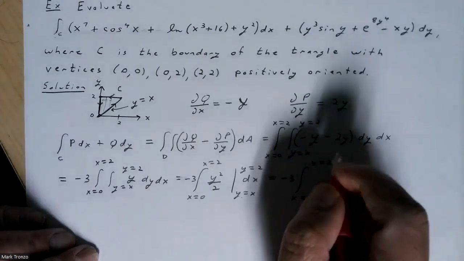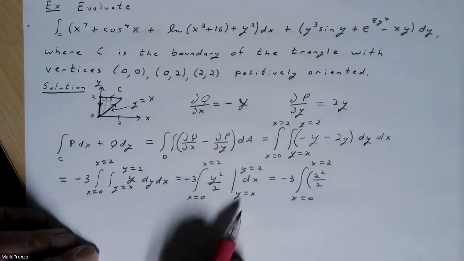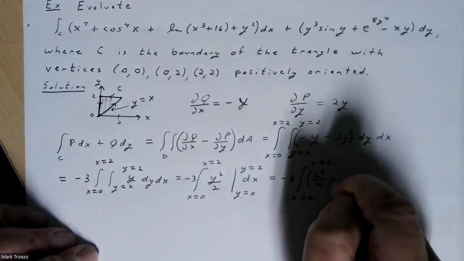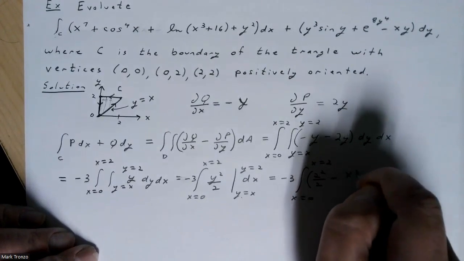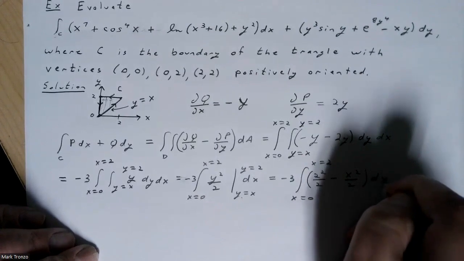And put these in. That'll be 2 squared over 2, then put our lower bound in, minus x squared over 2, dx.